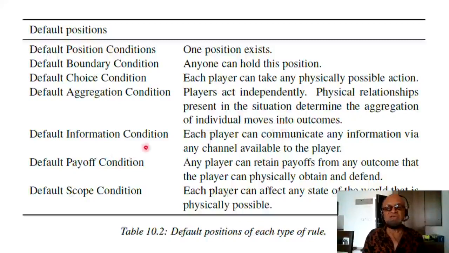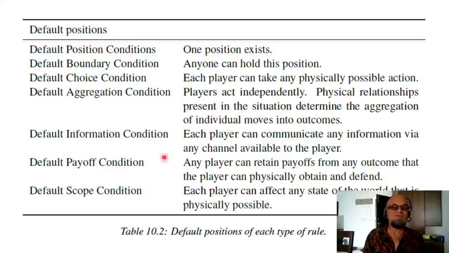Default information condition: each player can communicate any information via any channel available to the player. Default payoff condition would be any player can retain payoffs from any outcome that the player can physically obtain and defend. Default scope condition would be each player can affect any state of the world that is physically possible.